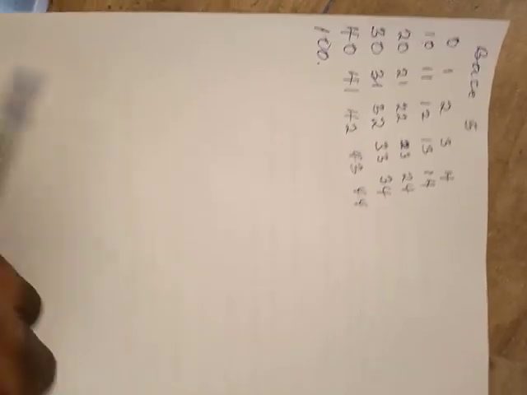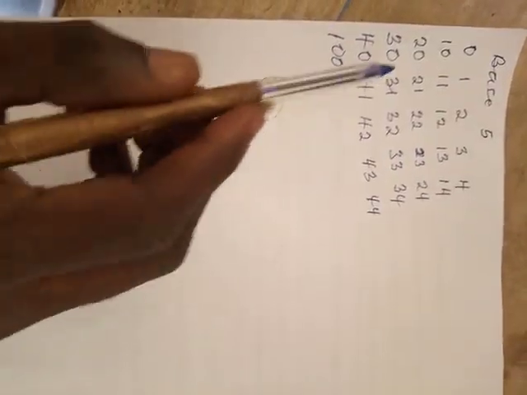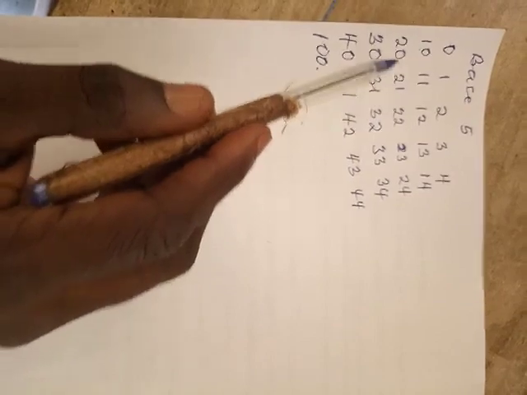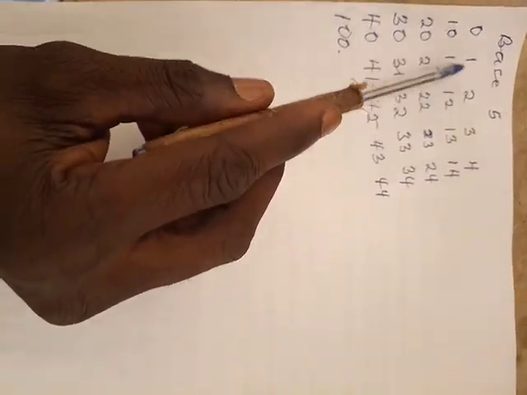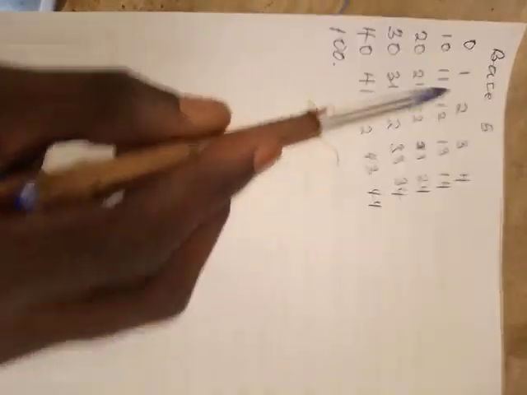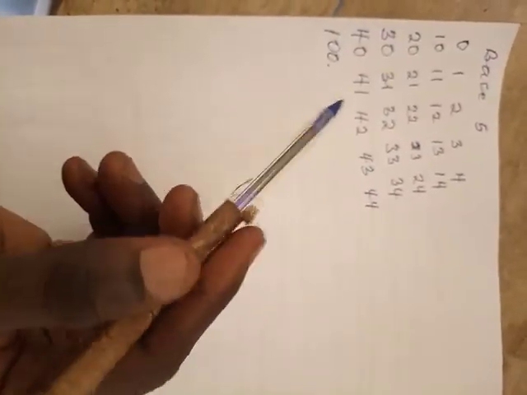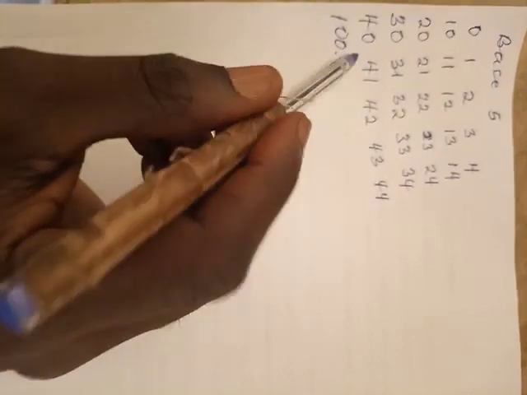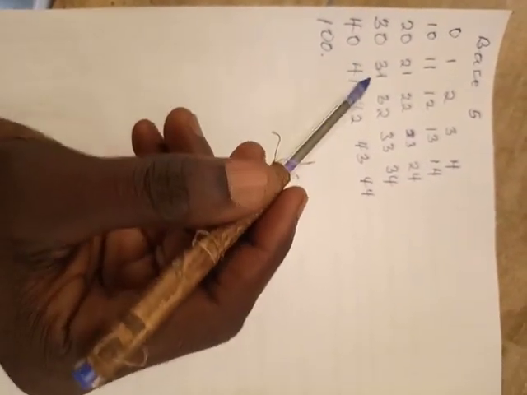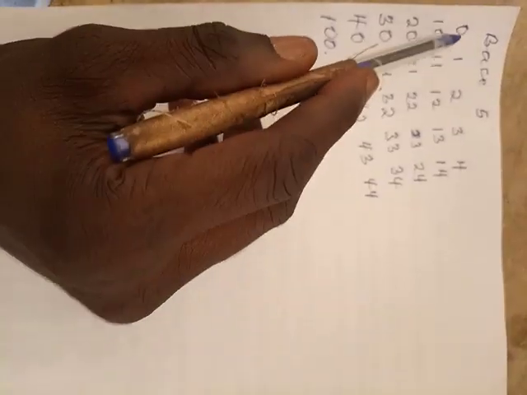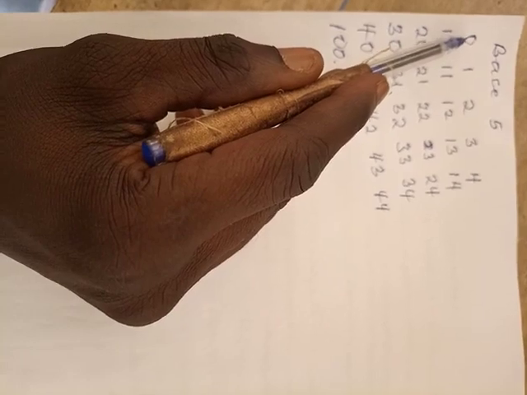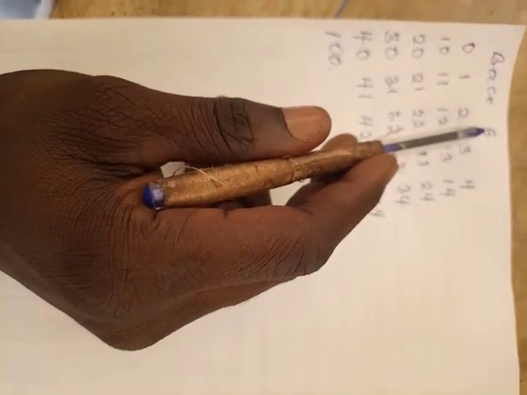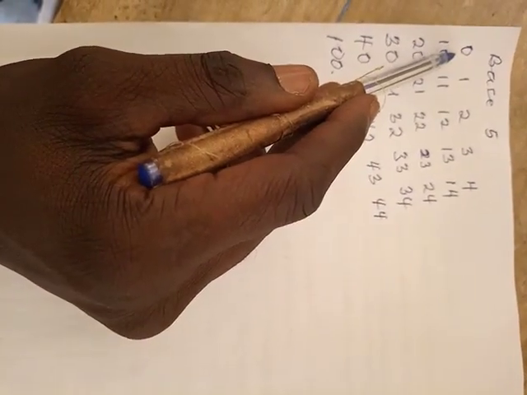Now let's clarify something here. Let's look at it. We have 0 here, we have 1 here, we have 2, 3, 4. Now 0 in base 5 is still 0, because 0 here is not more than 5.